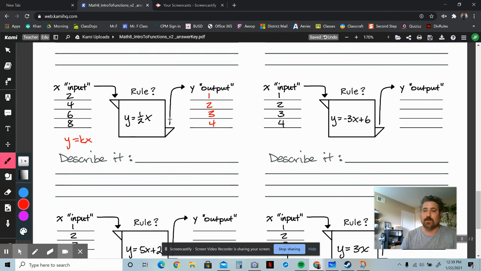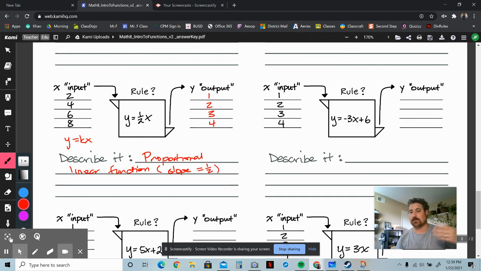As you increase x by 1, you increase y by 1 half. So this is what we call a proportional linear function. And the slope is, in fact, positive 1 half. As x increases by 1, y increases by 1 half.